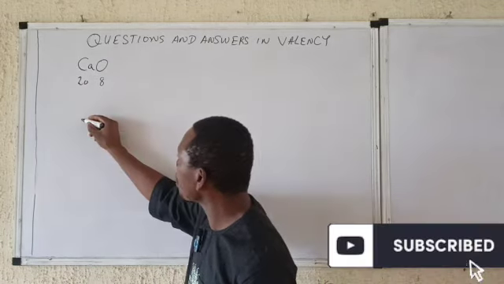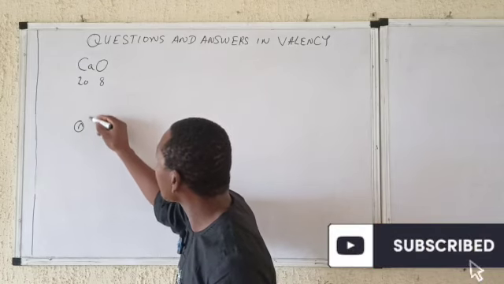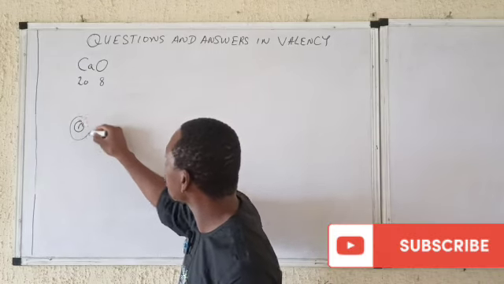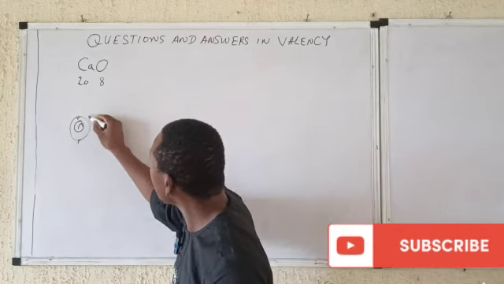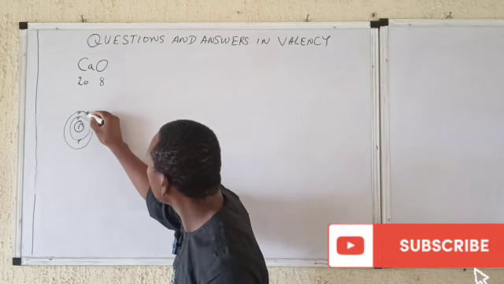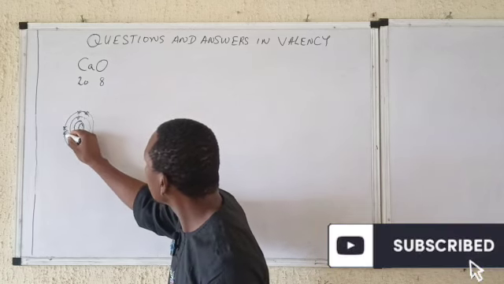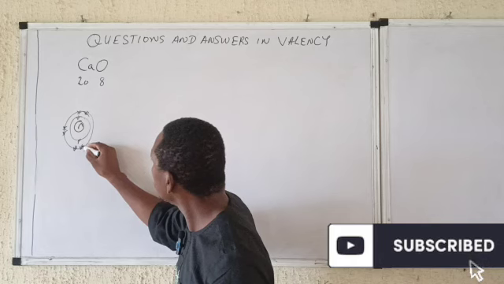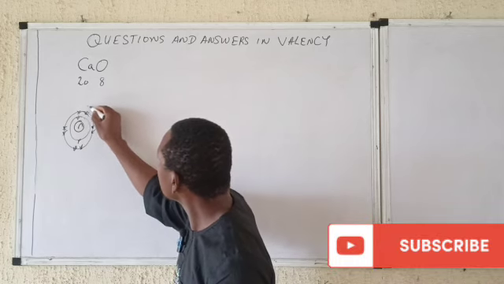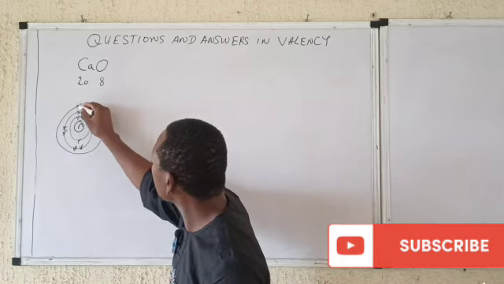Let's assume that this is the nucleus of the calcium. The first shell takes 2, second, 8. The third one, we take another 8.